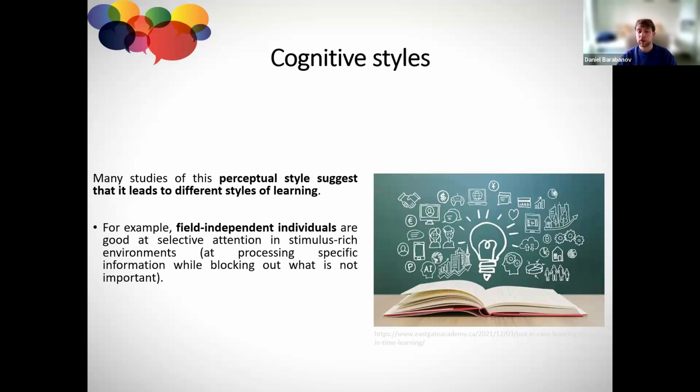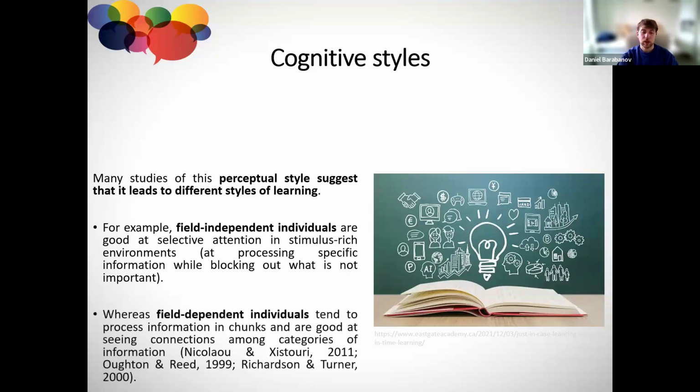Because of that, they perform quite well, even in situations with strong distractions. Field-dependent individuals tend to process information in chunks and are good at seeing connections among categories. So maybe their attention is not that good, but they understand the bigger picture, and it can be their strength.